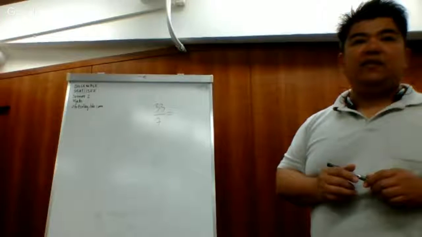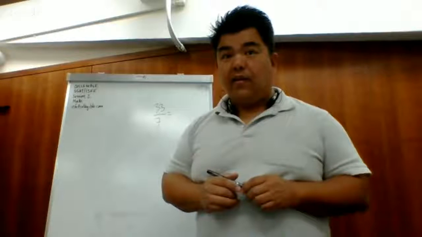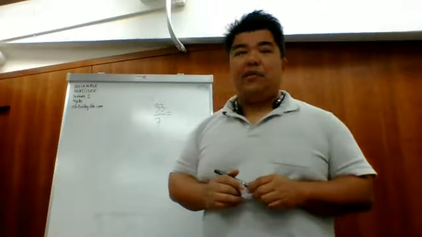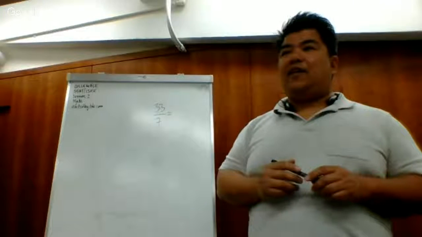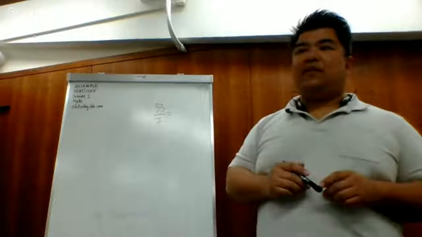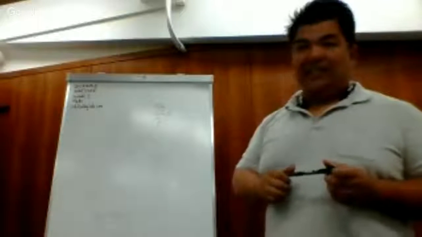Yeah. What is it? 3. 3? Are you sure? No. Okay, let's double check that. Ineza, are you still working on it? She's still on it. Okay, Henry, hold on for a second or two. Let's see what answers we get here, since I kind of gave a clue that it isn't 3.